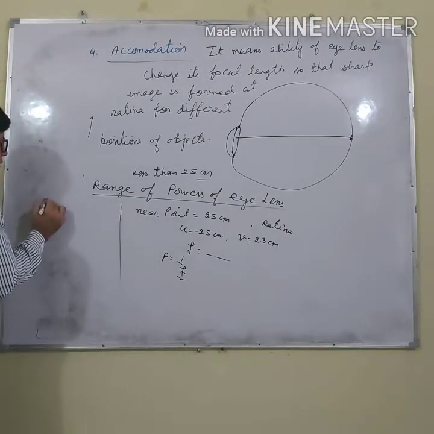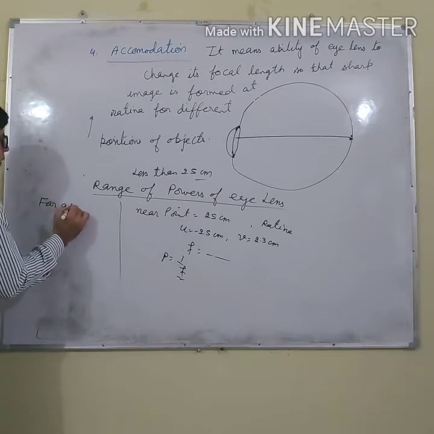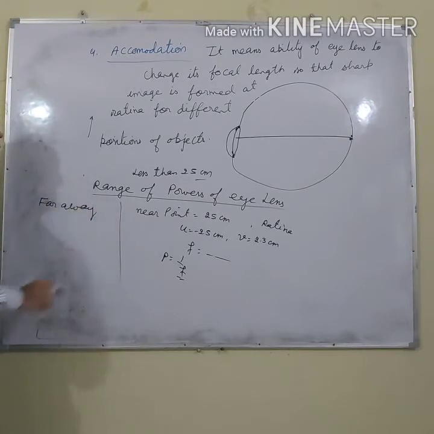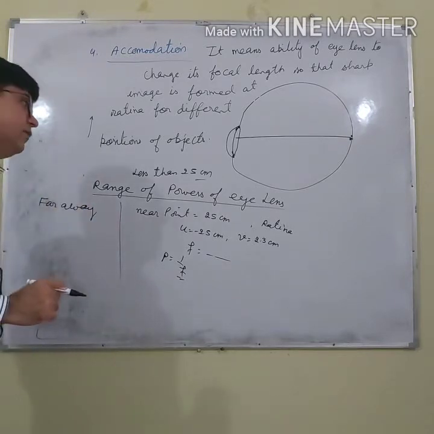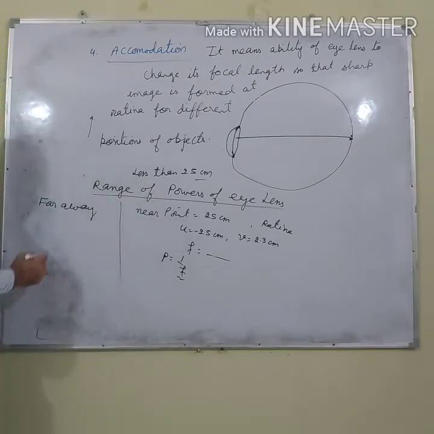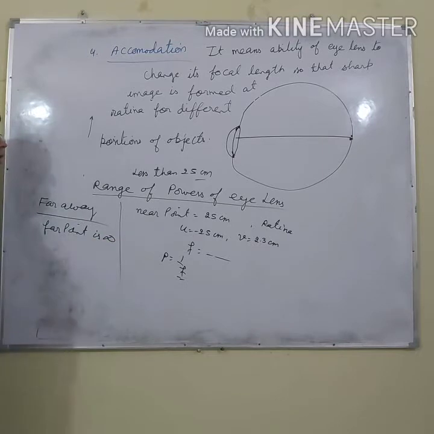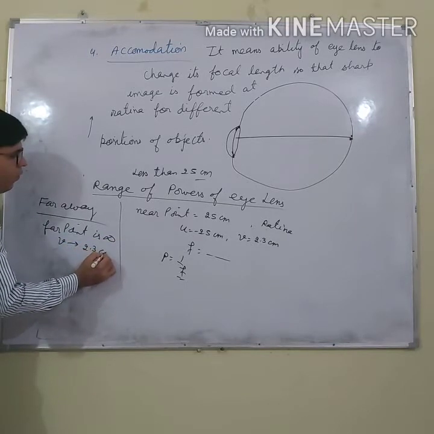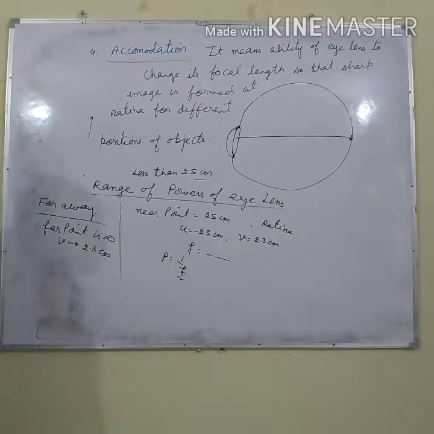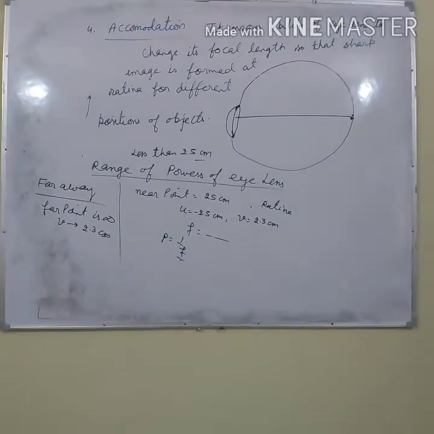And if I want to see the faraway object, what will happen? In that case, what is the far point? Far point is infinity. But its image is again getting formed on the retina, that is at a distance of 2.3 centimeter, right?